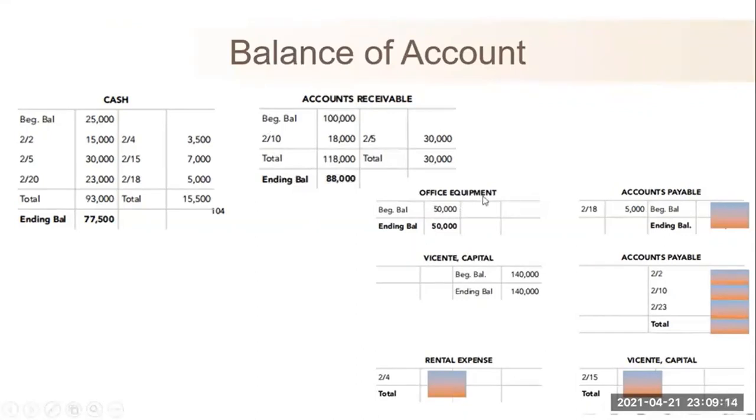Okay, next naman yung office equipment. Kunyari bumili tayo ng office equipment, ang debit natin ay 50,000. Yan. And then yung accounts payable naman natin, ayan, normally talaga, ang balance talaga nito credit. Okay, so yung debit niya, 5,000, yung credit niya, 35,000.